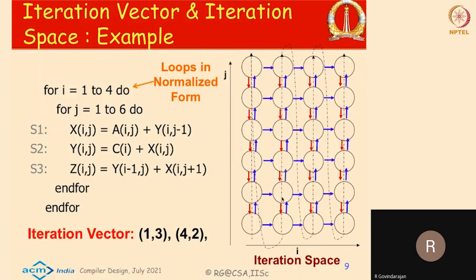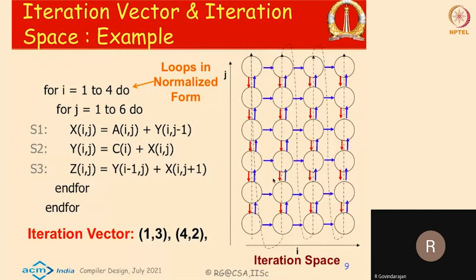These blue arrows and red arrows here essentially represent some kind of dependencies that are there in this particular loop. For example, each of these blue arrows in this example talks about a particular flow dependence, and the red arrow talks about an anti-dependence.